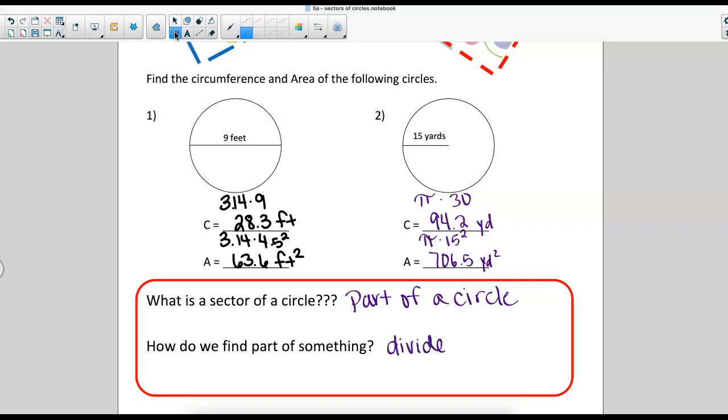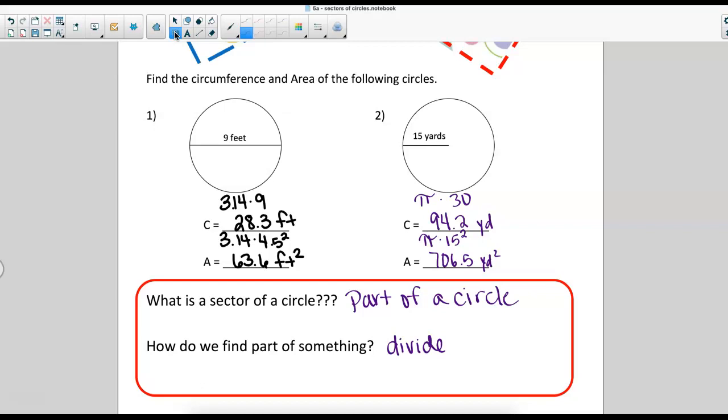If I want you to find half of something, we divide by 2. If I want you to find a third of something, divide by 3. A tenth of something, divide by 10. So when we want to find a part of something, we divide by whatever part we want to find, depending on if it's a third, a fourth, a fifth, a sixth, whatever it might be.